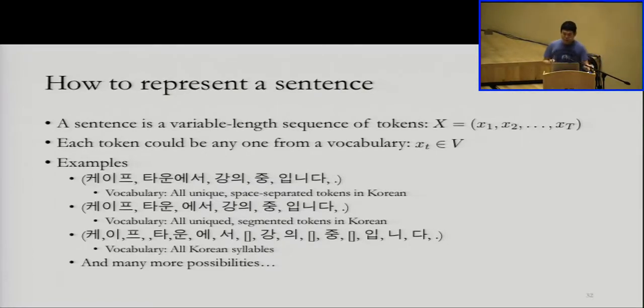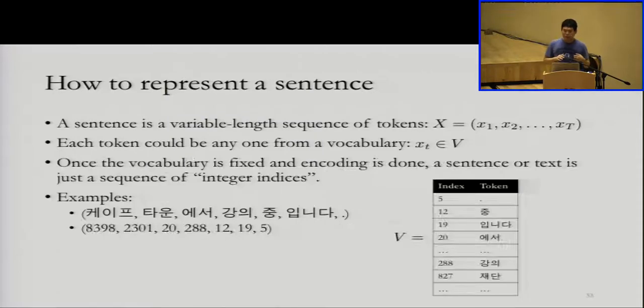Now the interesting thing is that this is the discussion we have, but this is not how the neural net sees a sentence. What the neural net is going to see is a sequence of integer indices only. So we're going to somehow build a vocabulary of unique tokens, and then have some way to turn a sentence into a sequence of integers where each integer refers to an entity in the vocabulary.